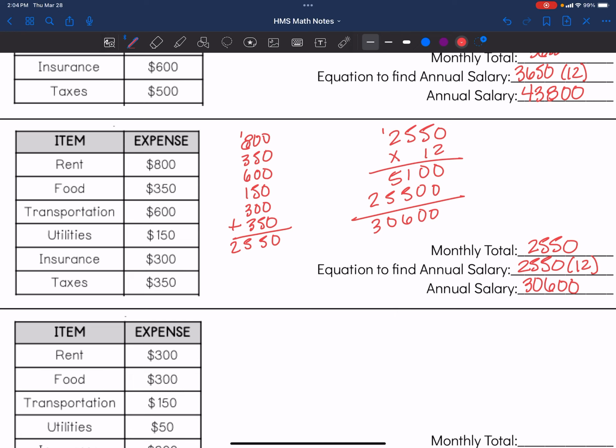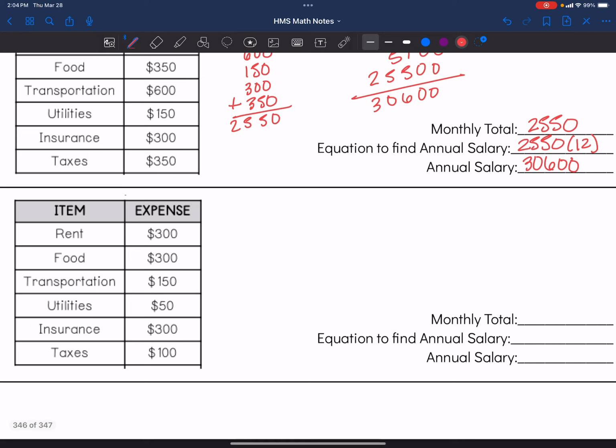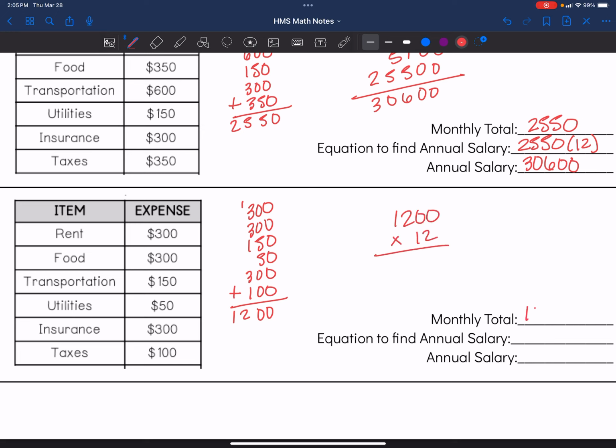All right, last one. I'm willing to bet you guys are getting the hang of this. And you could probably do this, heck, try to beat me. See if you can do this before I do. 1 plus 3, 4, 3 is 7, 8, 9, 10, 11, 12. 1,200 times 12.